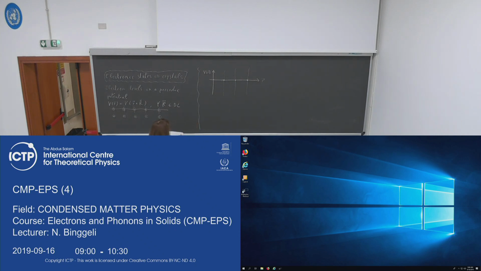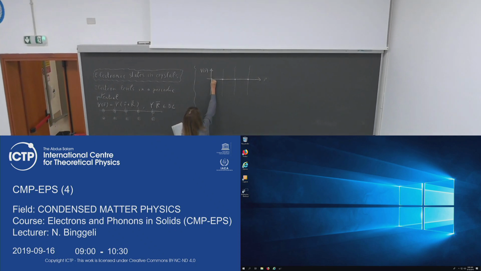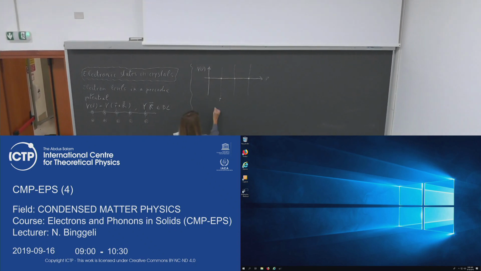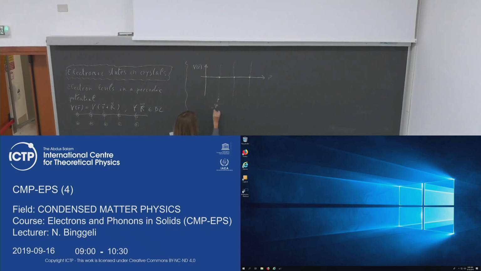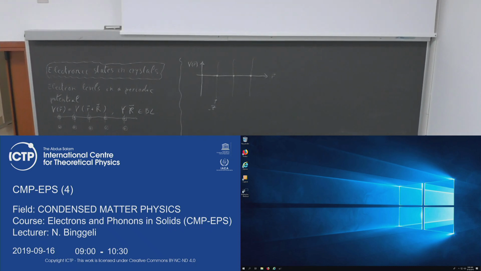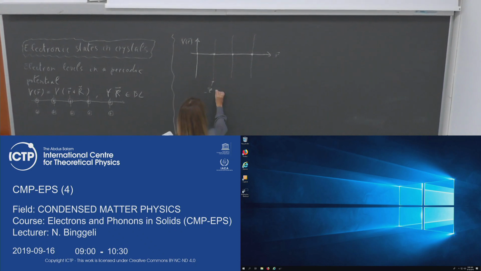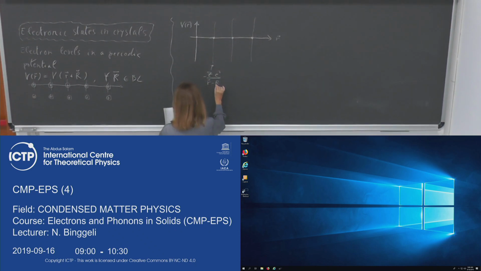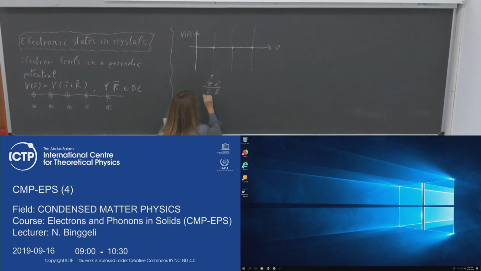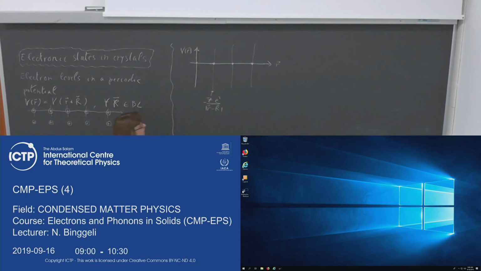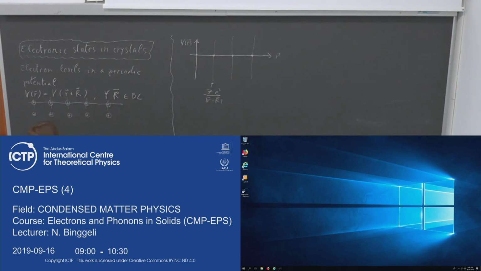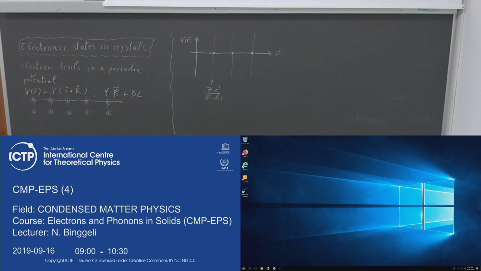For each position of the ion, I will have a potential of the type minus Z e squared over the modulus of R minus capital R, where Z is the atomic number and capital R is one of my Bravais lattice vectors.